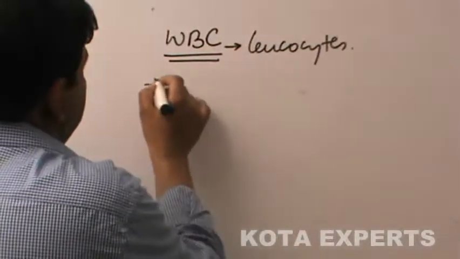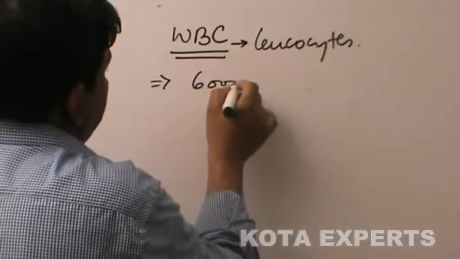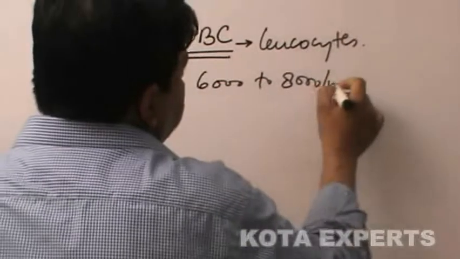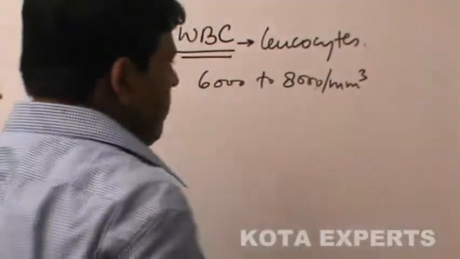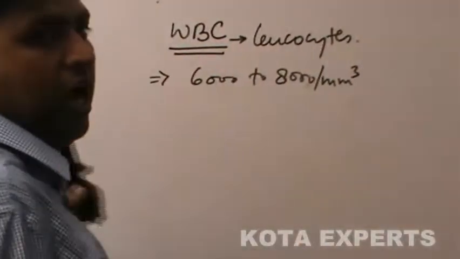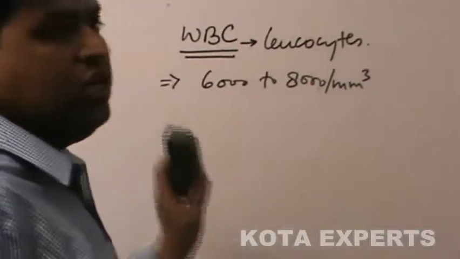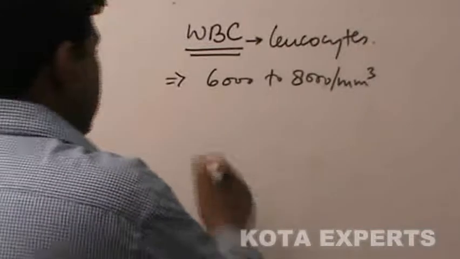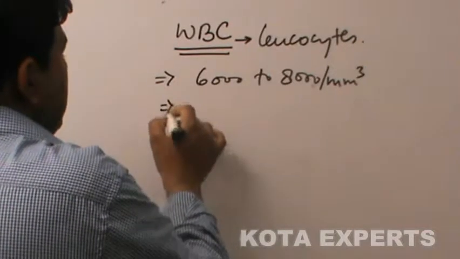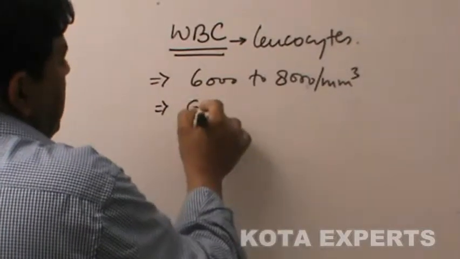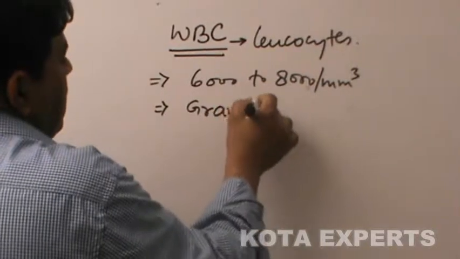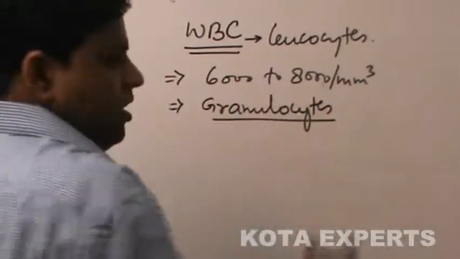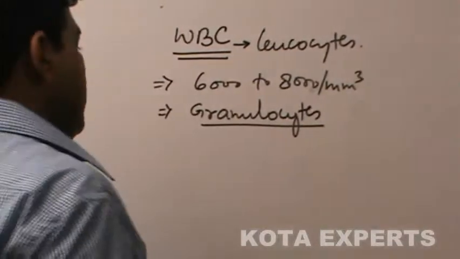They range from 6,000 to 8,000 per millimeter cube of blood. It is lesser than the RBC, but these are equally or more important for the resistance power of the body. And these are of two types, as we have said earlier: granulocytes and agranulocytes.